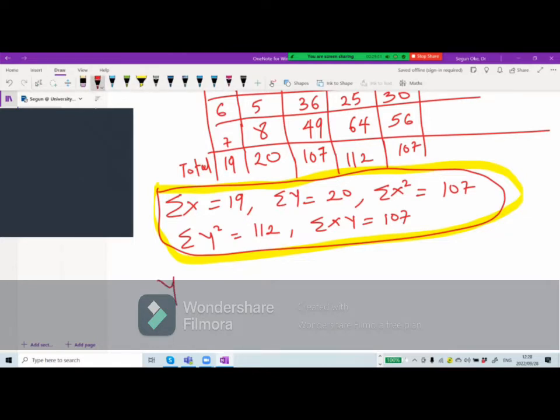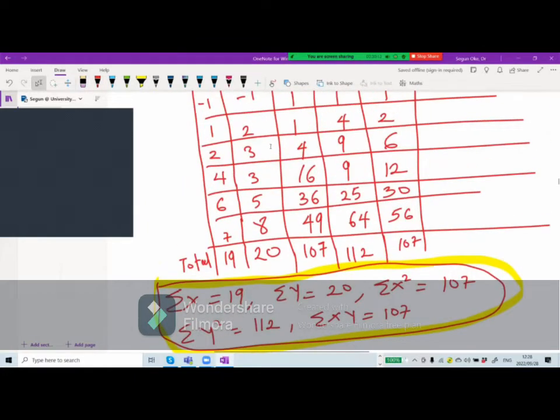We are asked to calculate A plus BX. So we need A, we need B. Let's say we want to calculate B first, based on the formula that I gave you up.